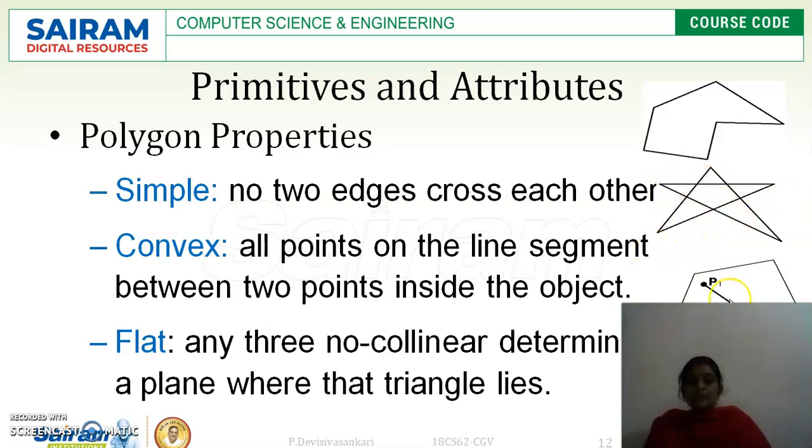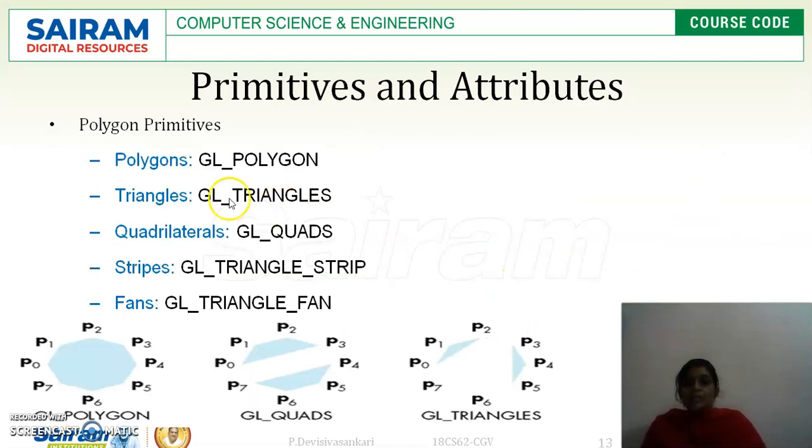And convex means all the points on the line segment should be inside the object. See here in this diagram, the line segment P1, P2 is inside the polygon, right? That's why it is called convex. And finally we have the flat polygon also.